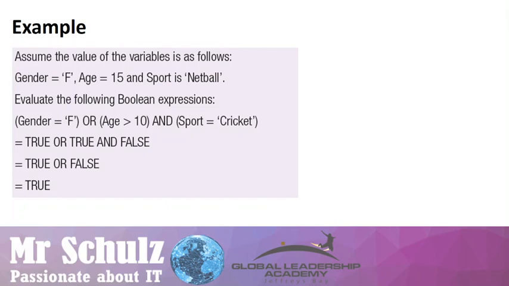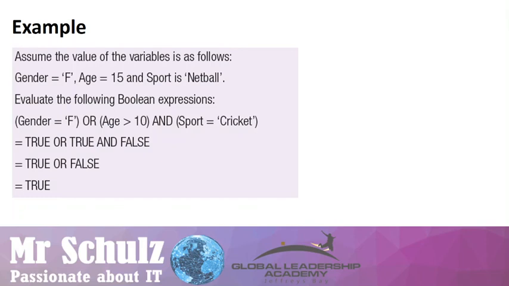So let's first evaluate each condition on its own. So gender equals F is true, or age is bigger than 10, which is also true, and sport equals cricket. That one is false because sport is actually netball. So we have true, or true, and false.